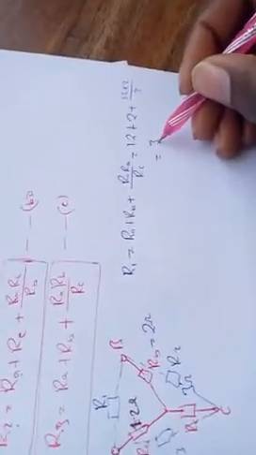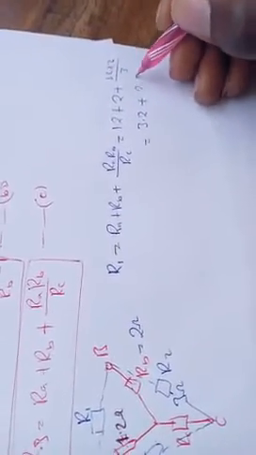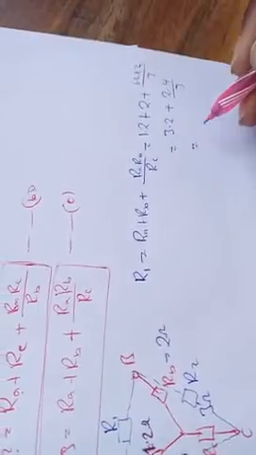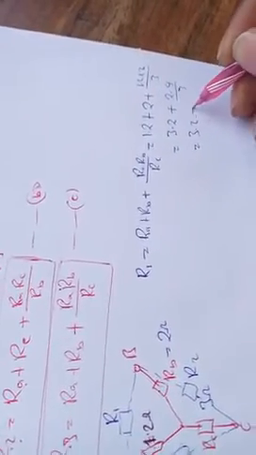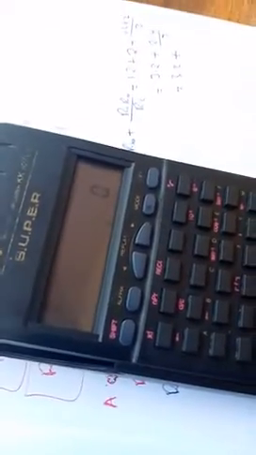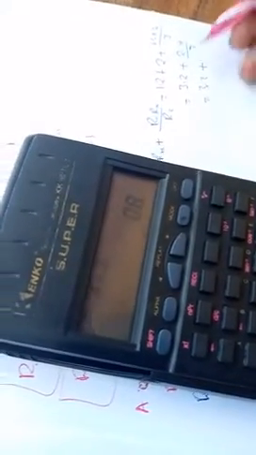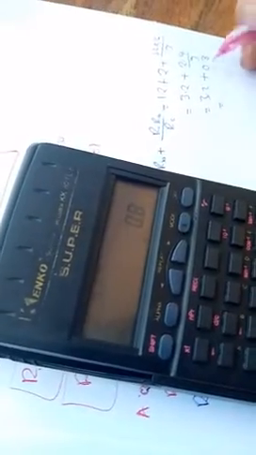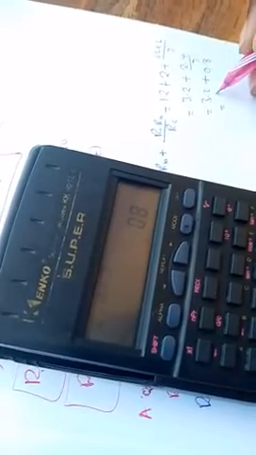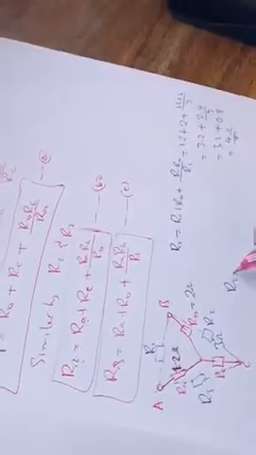This gives 3.2 plus 2.4 over 3, so 0.8. Adding this gives us 4 ohms. We go to R2.